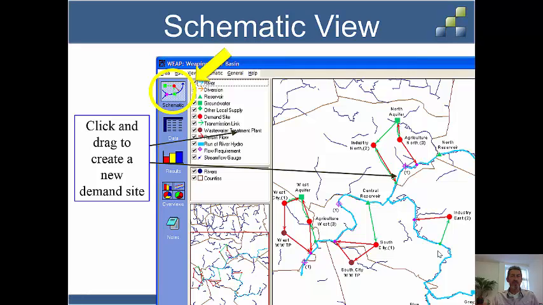The schematic view shows you in a kind of GIS environment your entire model environment. Once you've finished your schematic view, once you've put in all your demand sides, your supply, your rivers, your groundwater, your reservoirs, etc., you have to feed the model with some data.